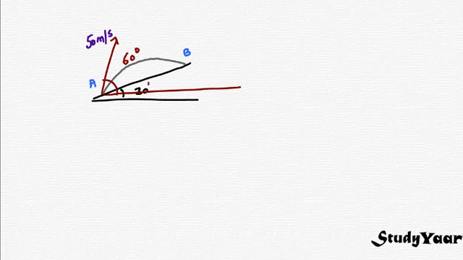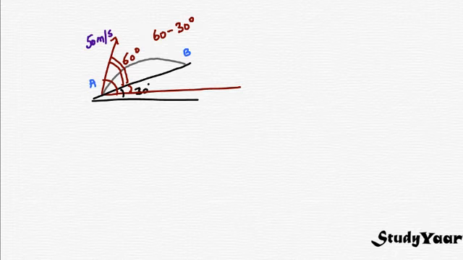Do you know this angle? This angle is equal to the angle of inclined plane, which is 30 degrees. So this is 30, this whole is 60, therefore this particular angle is going to be 60 degrees minus 30 degrees.